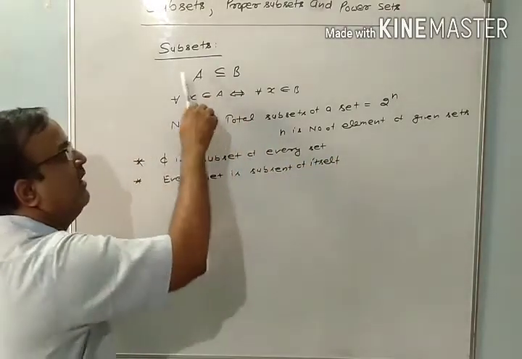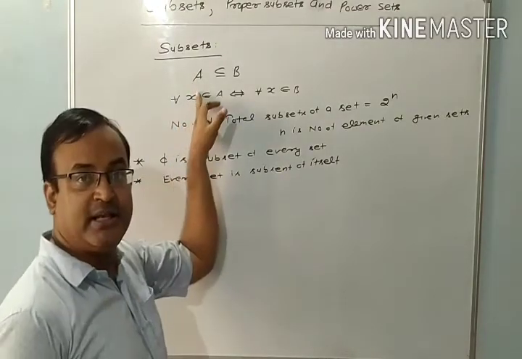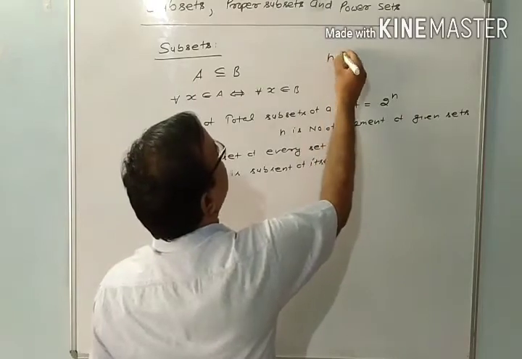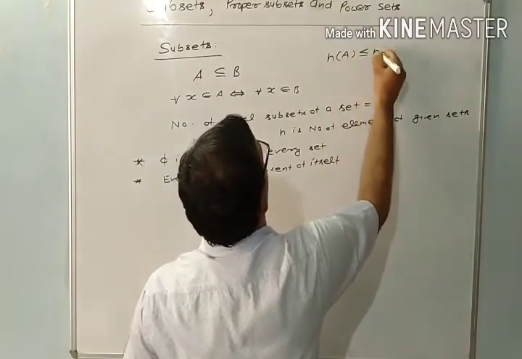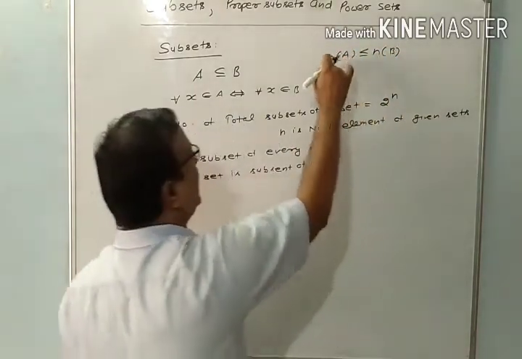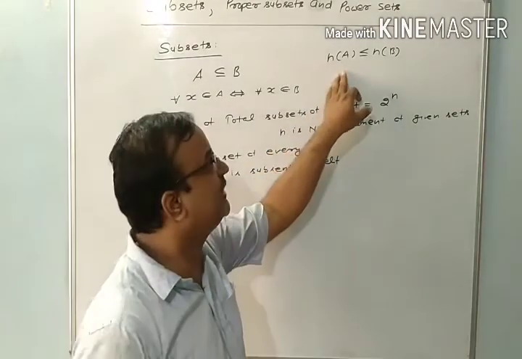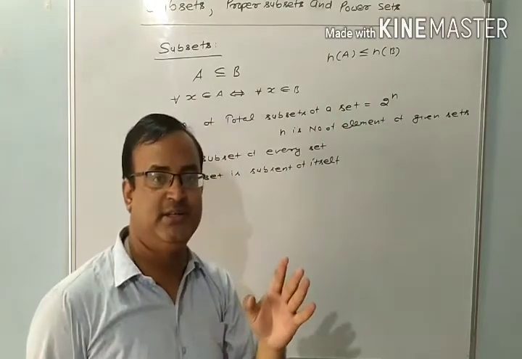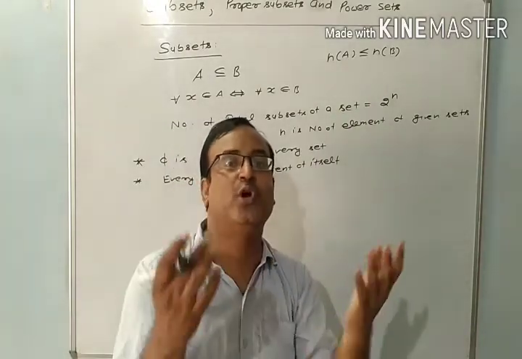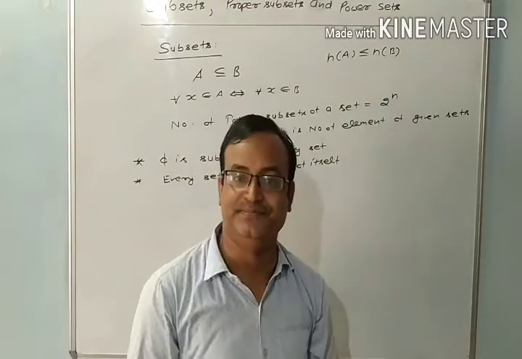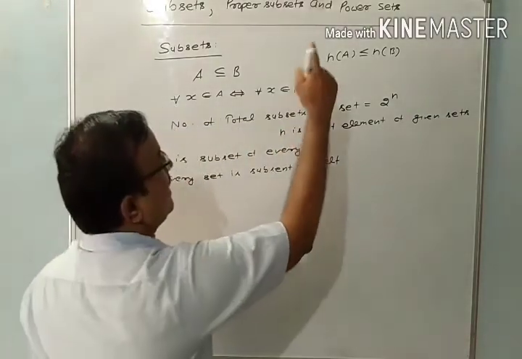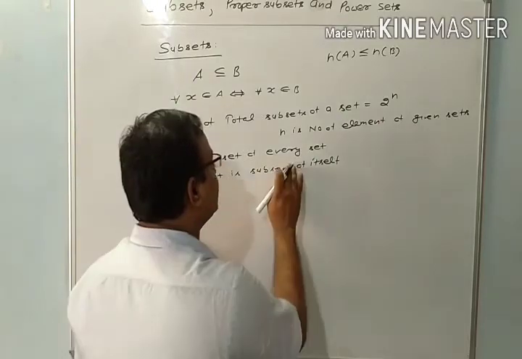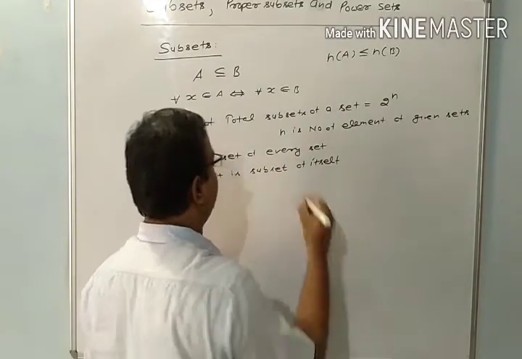That means the number of elements in subset A may be equal to the number of elements in set B. That means n(A) is less than or equal to n(B). But the number of elements will never be more than the number of elements in set B. The number of students in your class will not be more than the number of students in your school. Clear? So A may be equal to B. That's why every set is a subset of itself.